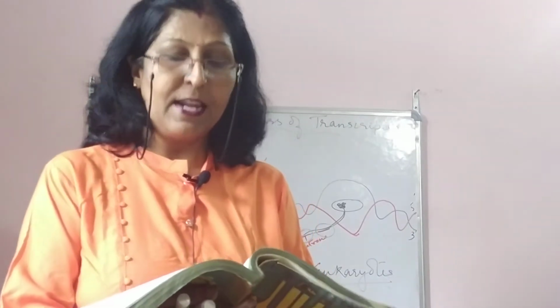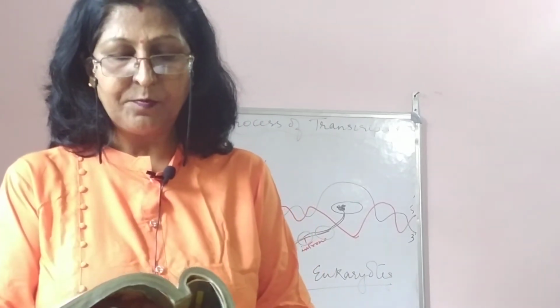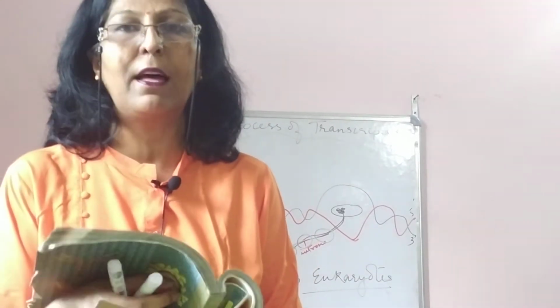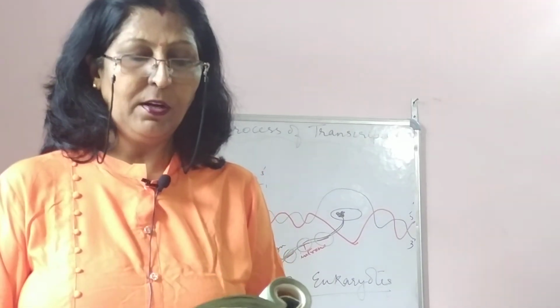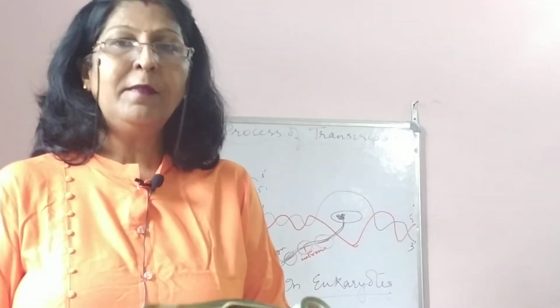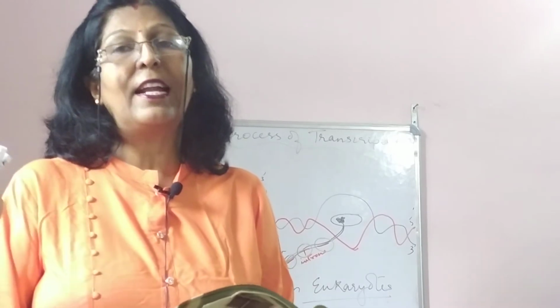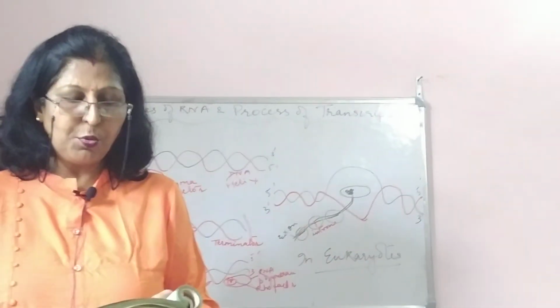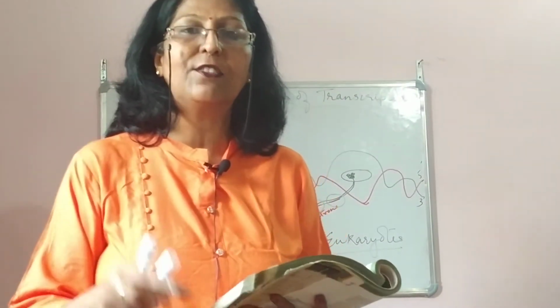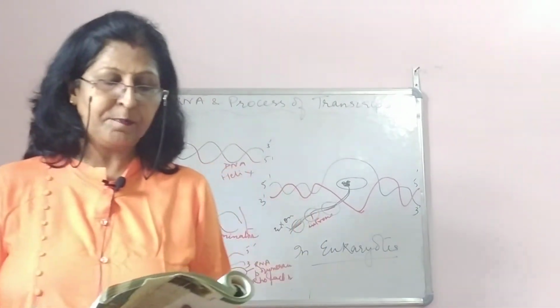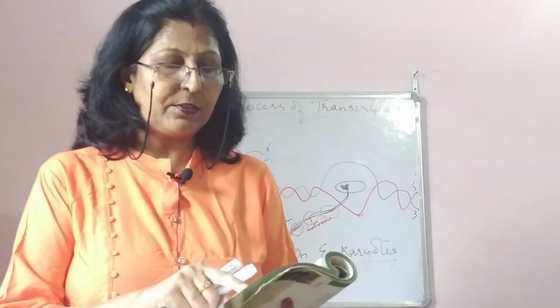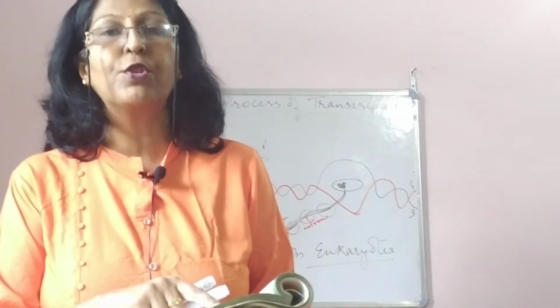What are they? RNA polymerase 1 helps in the formation of ribosomal RNA, rRNA, you should remember. And this S is the sedimentation unit, like 28S, 18S, 5S. RNA polymerase 3 is responsible for transcription of tRNA.